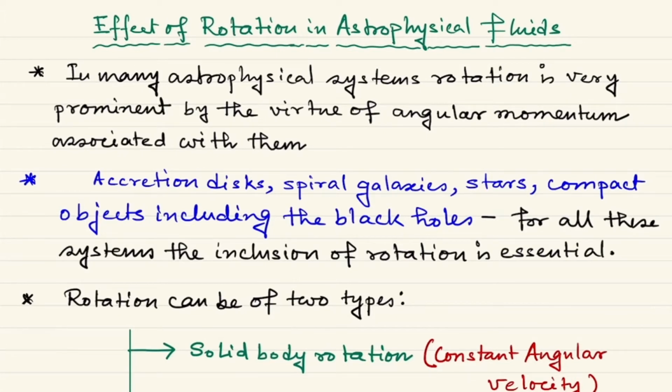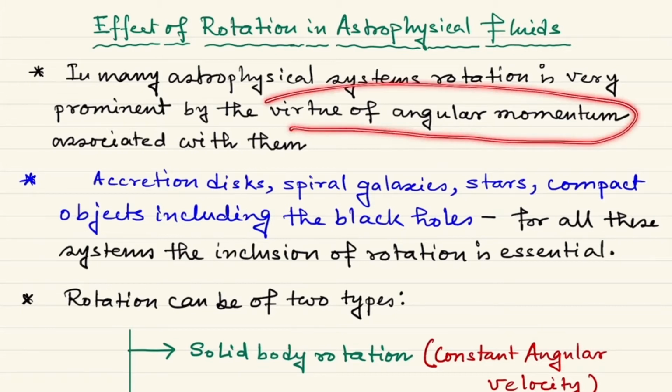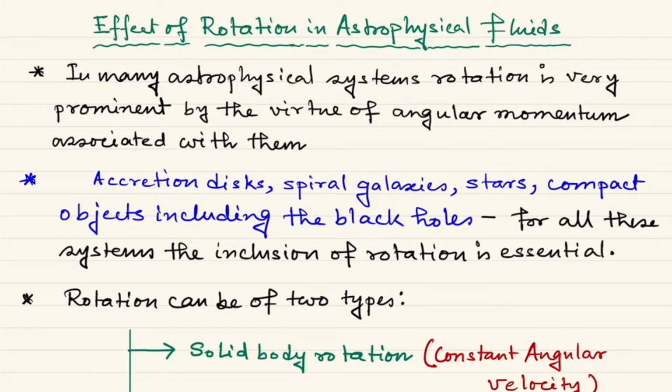There are several methods by which you can calculate the angular momentum of the system, and using that you can infer that the system is undergoing rotation. There are also other techniques by which you can detect rotation, but that is a totally different topic, so if you are interested, you can search over the internet.